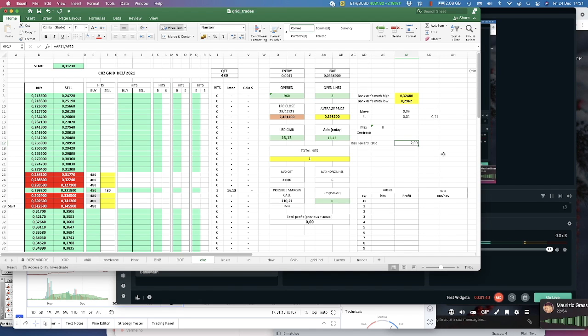The worst thing that can happen if you open 6 entries as a maximum is that you lose 330, which is not bad for that kind of stop loss we have here.